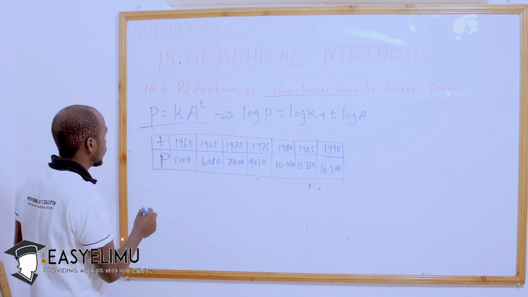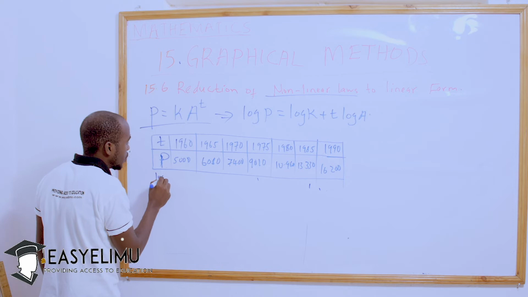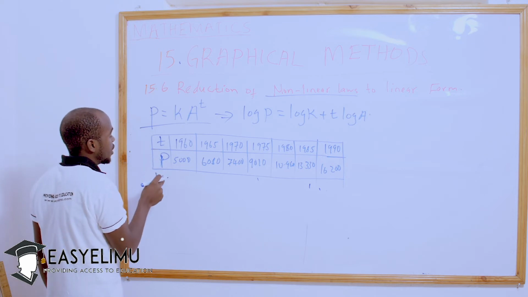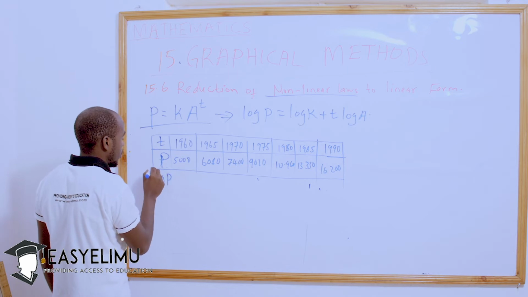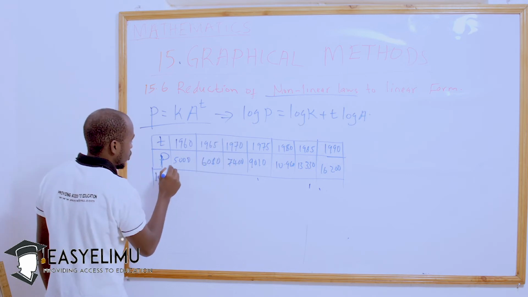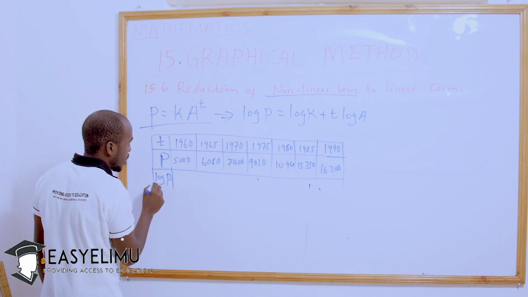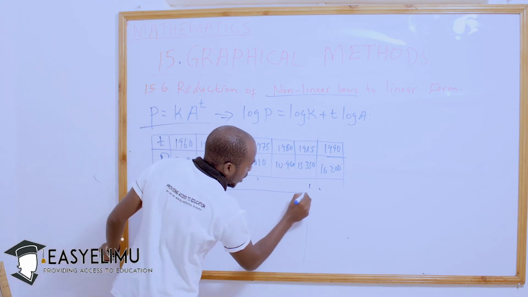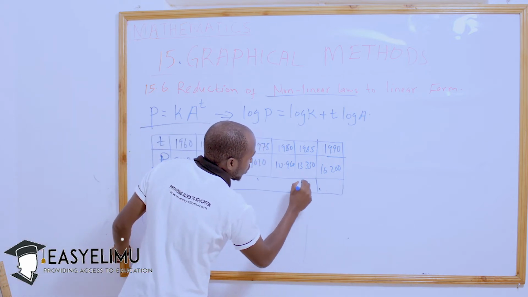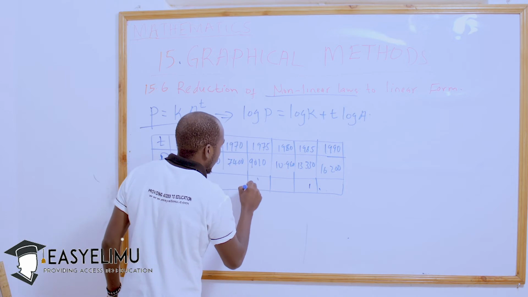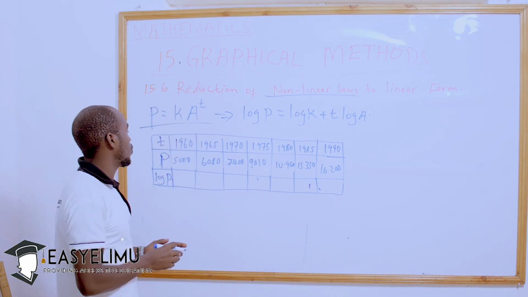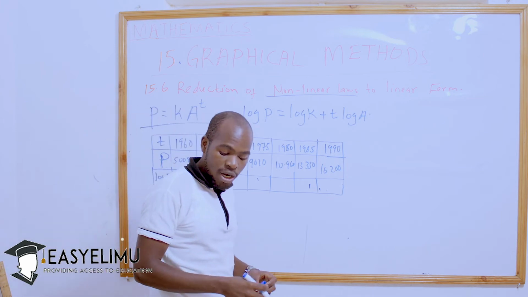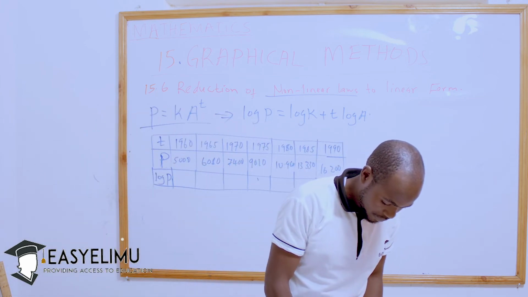So if that is the case, we are going to introduce here log P, then we plot a graph of log P against the time in years, which will be T. So let's go and see.